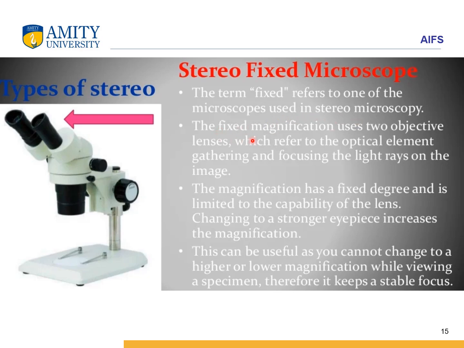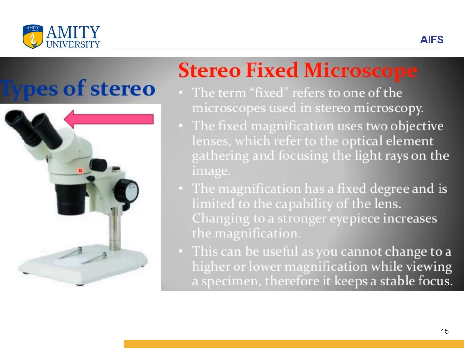The fixed magnification uses two objective lenses. You have one objective here and another objective somewhere here, which refer to the optical elements gathering and focusing the light rays on the image. The magnification has a fixed degree and is limited to the capability of the lens.